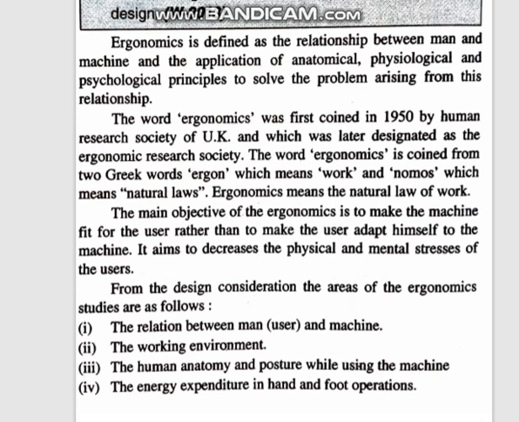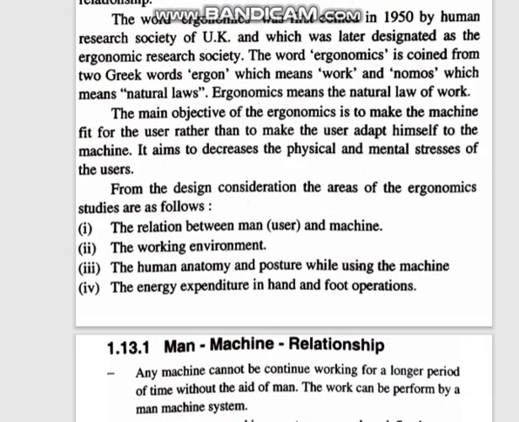You see, in the old days, when they started studying machine design, the study of ergonomics was not part of their studies, but now it has become essential. For design consideration, the areas of ergonomic studies are as follows: the relation between man, that is the user, and the machine, and the working environment where these two are placed, and the human anatomy and posture while using the machine.